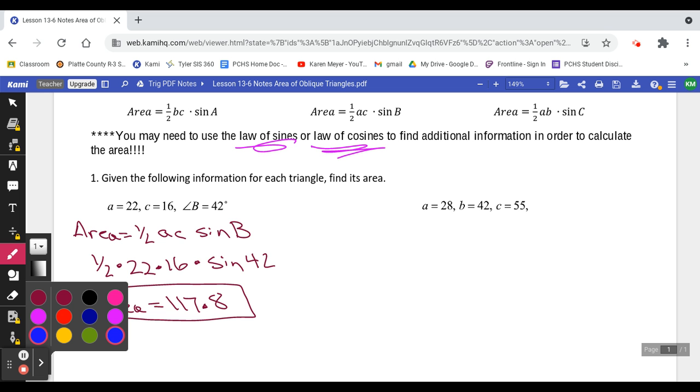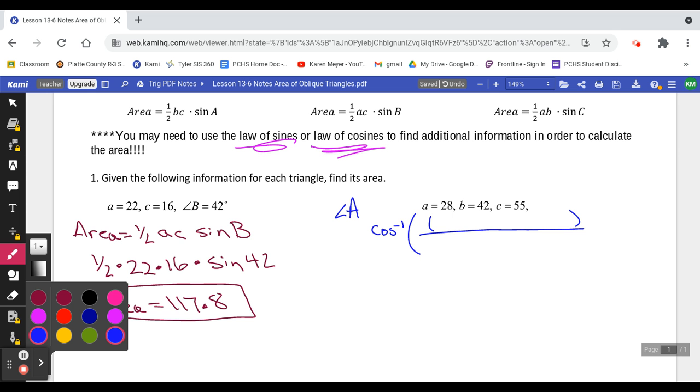We can pick any of the three angles to solve for, so I'm just going to choose angle A, and I'm going to use the law of cosines. Remember, if I'm trying to find an angle, I have to do inverse cosine, and this is going to be for angle A.